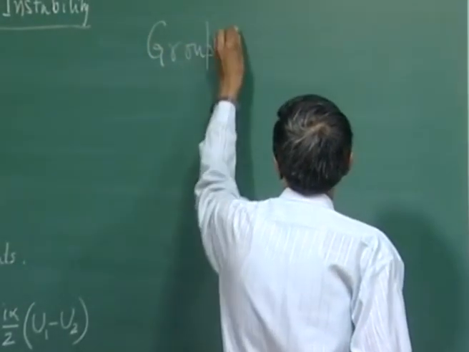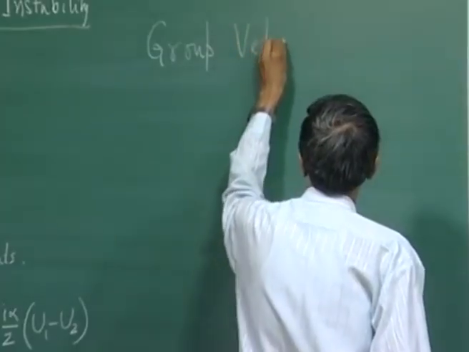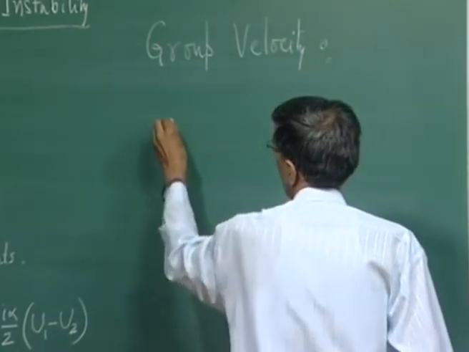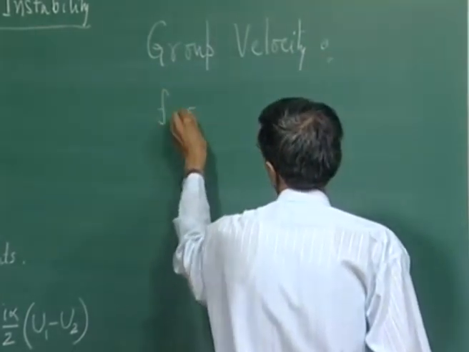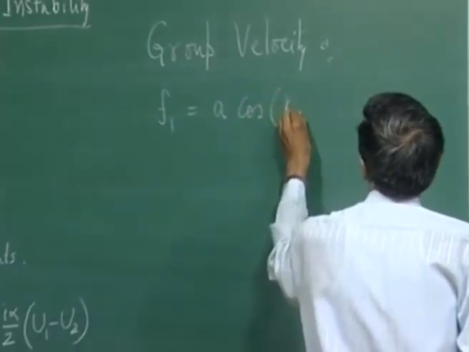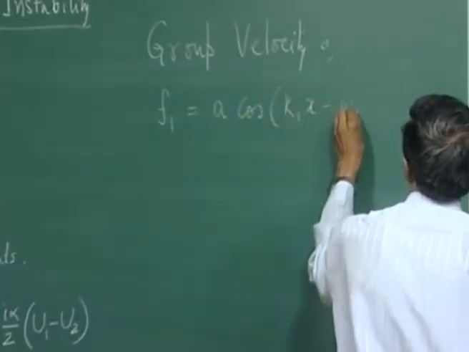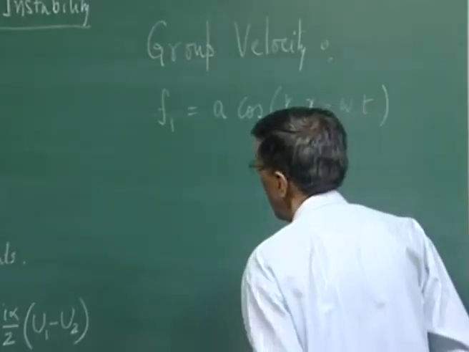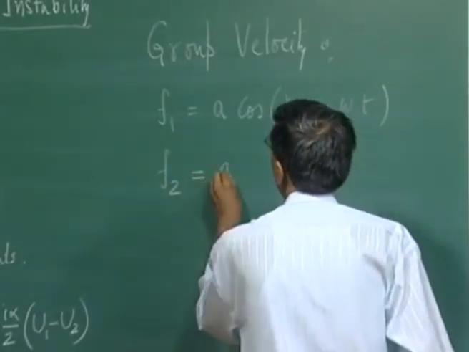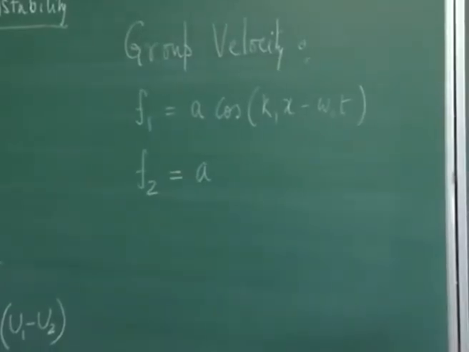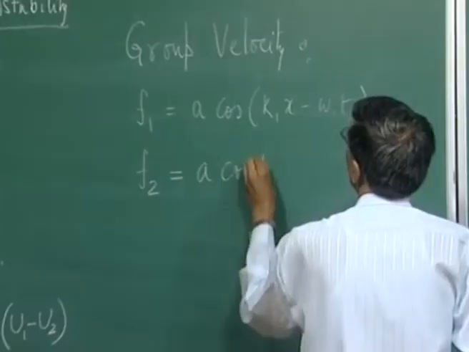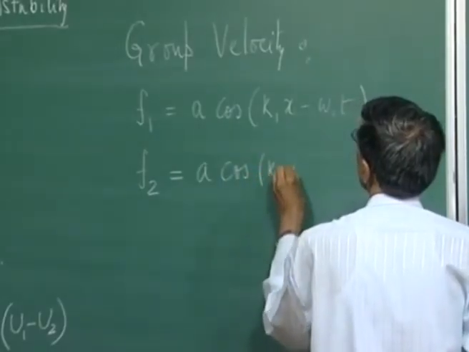So, to demonstrate this group velocity idea, let us say we have two functions, f1 equals a cos(k1x minus omega 1 t), and similarly another function which has almost the same amplitude, so we will take it as a itself.